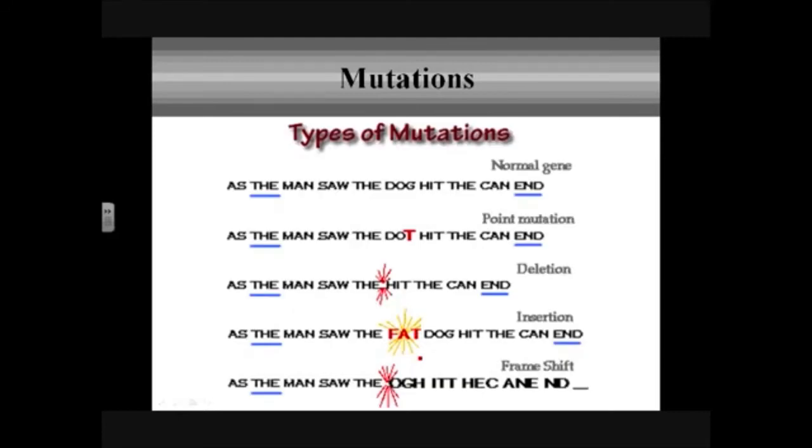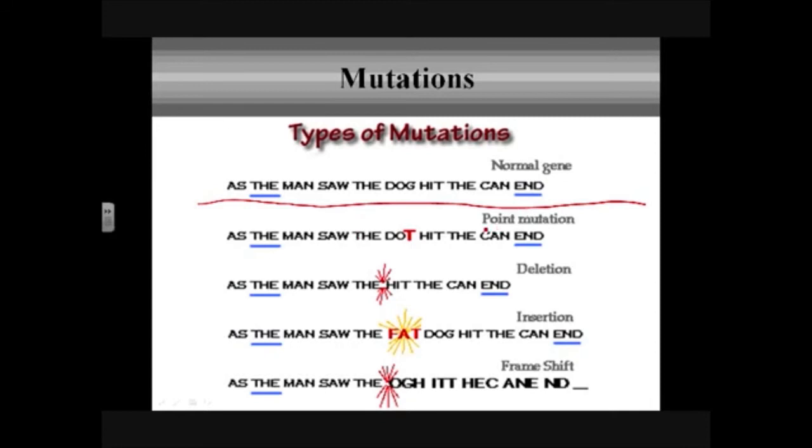This is just a nice little picture that shows you types of mutations and showing you that there is basically a sequence that exists. So in the very top it says the normal gene, and I'm just going to draw a line through here to kind of see how we're dividing. The normal gene is: as the man saw the dog hit the can end.